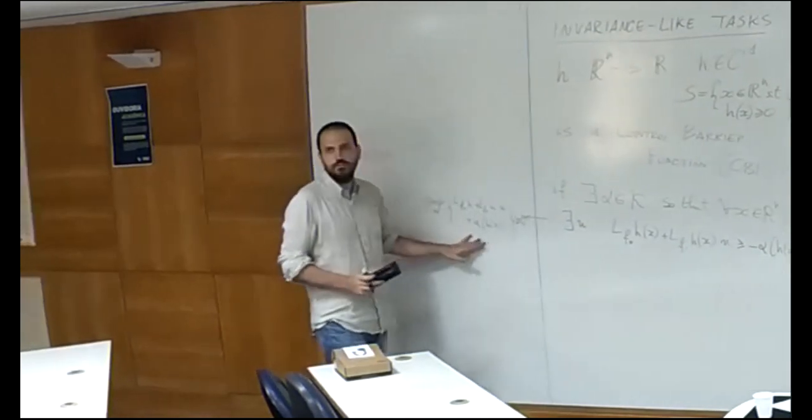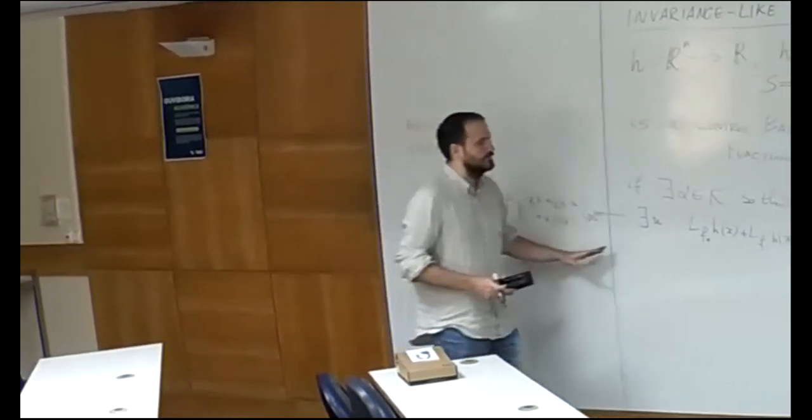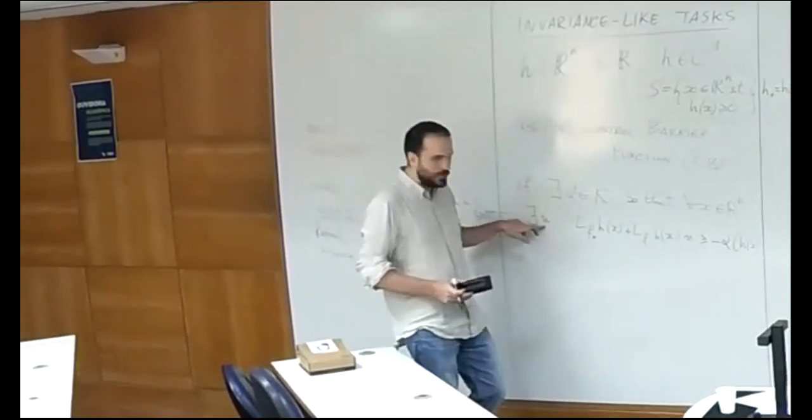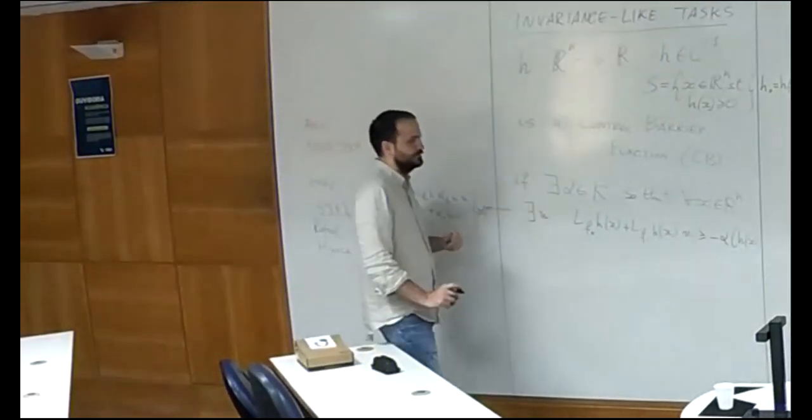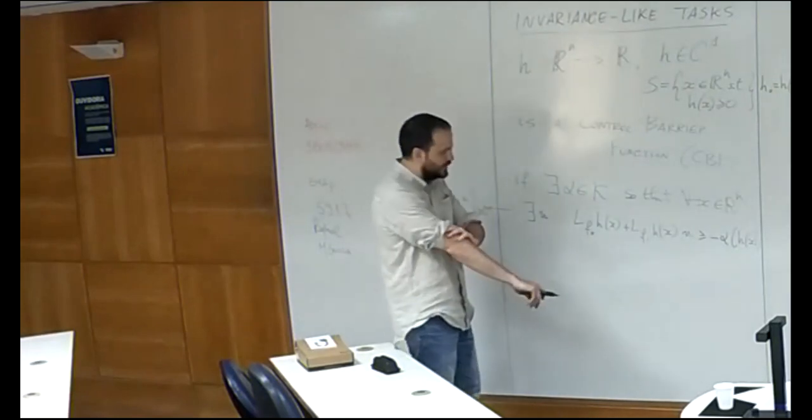The sup might still not be infinite, but what we are concerned about is that we need to be able to pick a u, give it to the robot. Right? This has to exist.